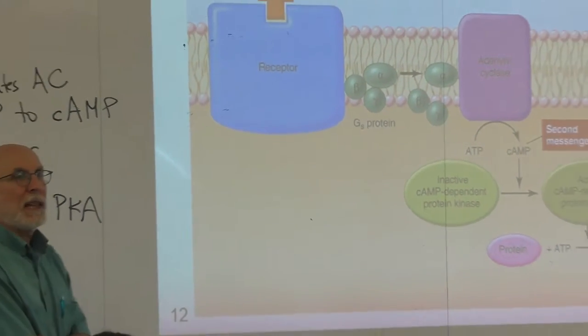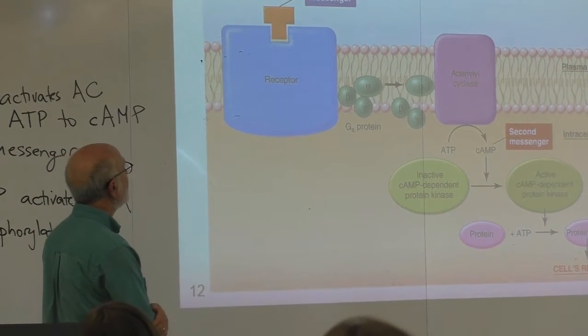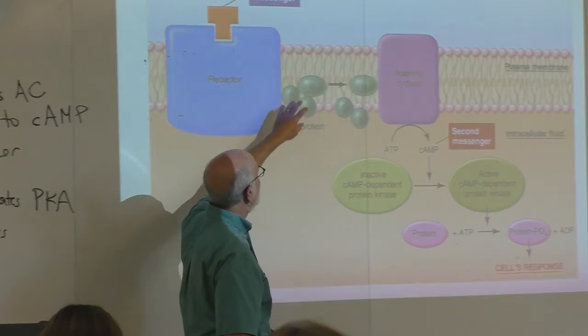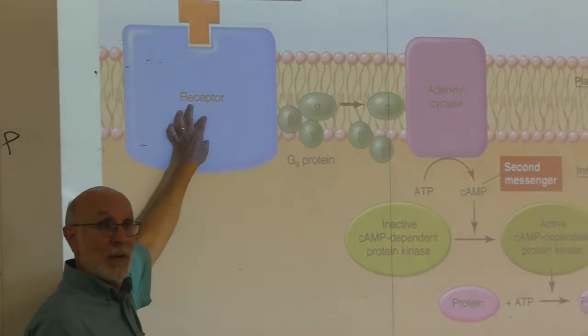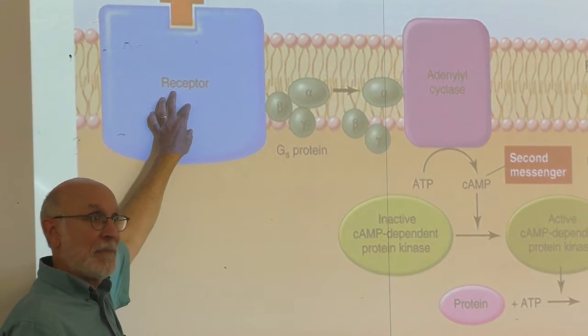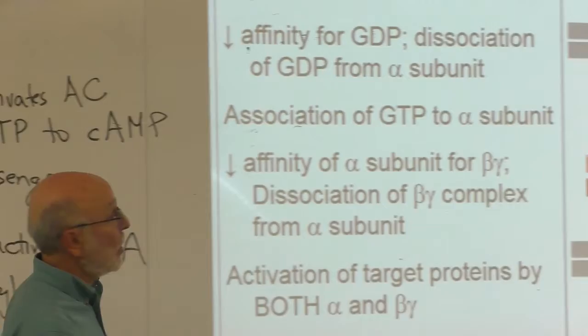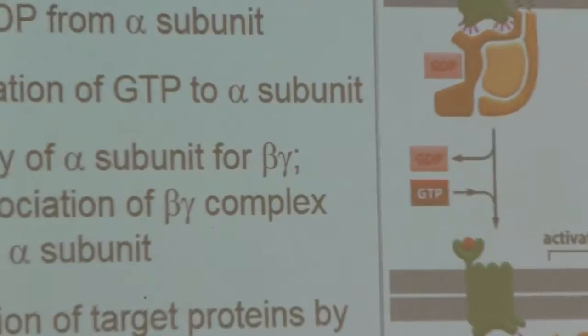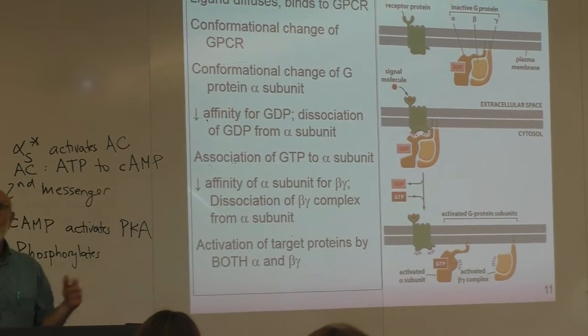Let me just be clear. What don't I like about this figure? Well, one is it makes the G protein look very small relative to the receptor, which is not true. The G protein is about the same size. This image is much closer to accurate. See how the G protein complex is on the same scale of size as the receptor, in fact bigger.